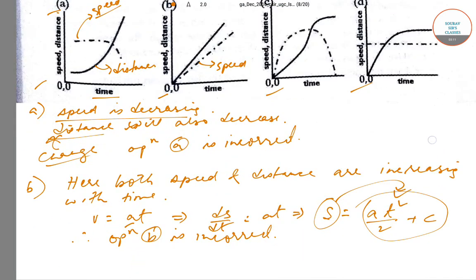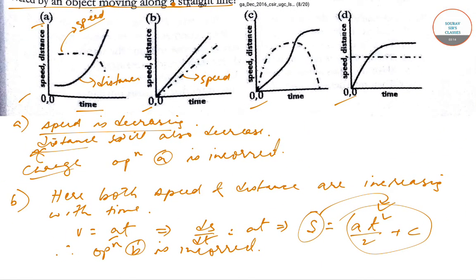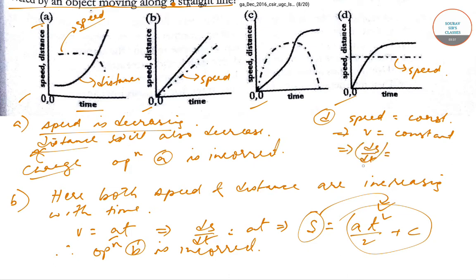So now let's proceed to option D. In option D, you can see that here speed is constant. This is the speed. Here speed is constant. So if speed is constant, that means that v is equal to constant if we take speed as the value v, and that will imply that ds by dt, which is the velocity or the speed v, is equal to some constant c, and that implies that s is equal to some constant c into t plus some other constant.